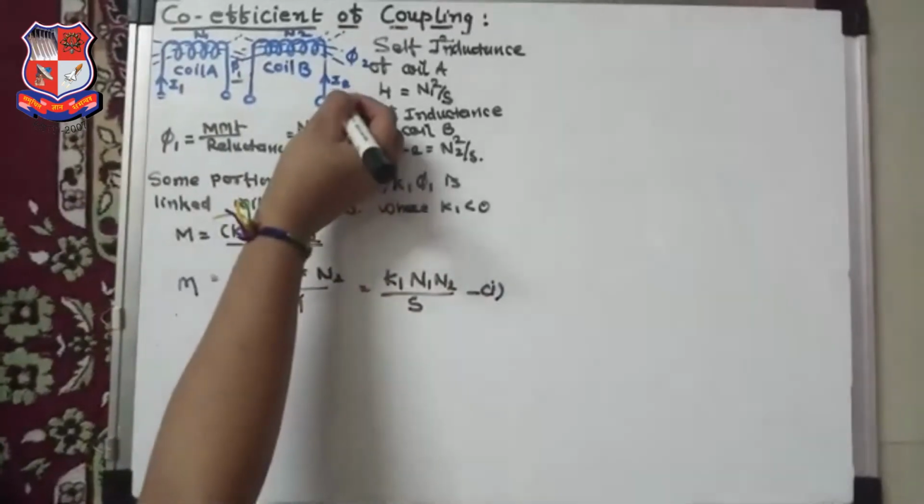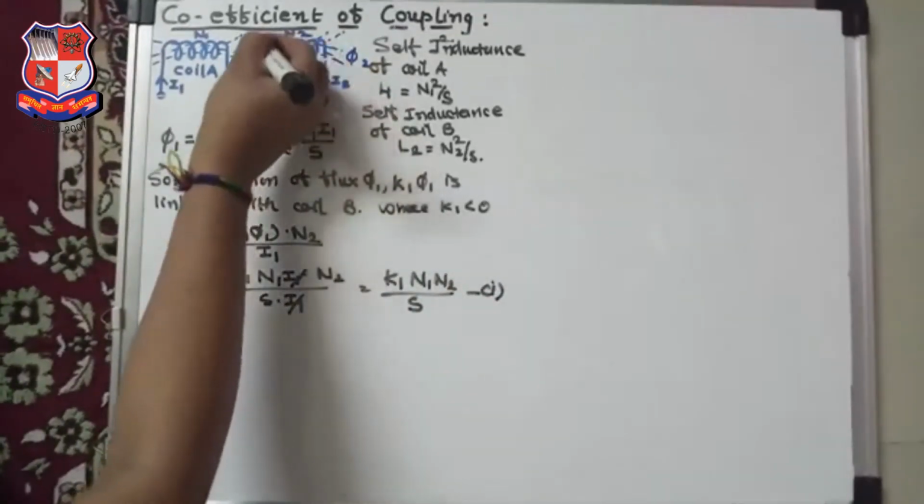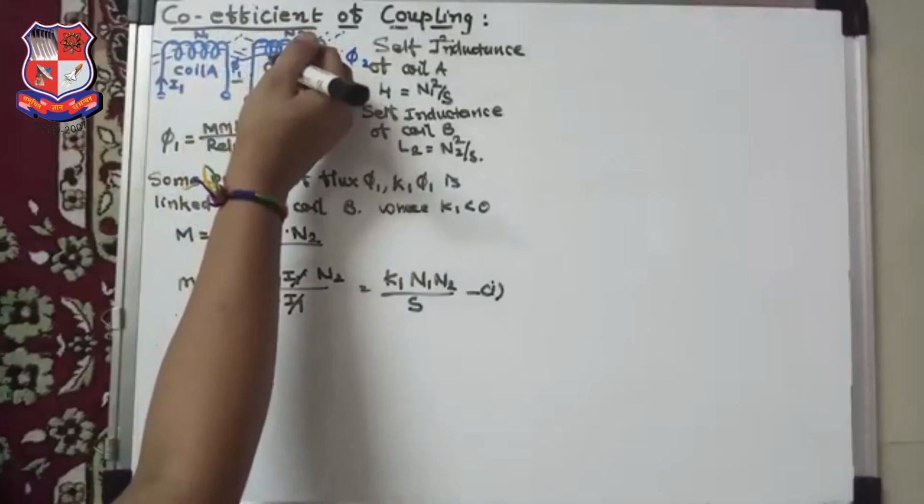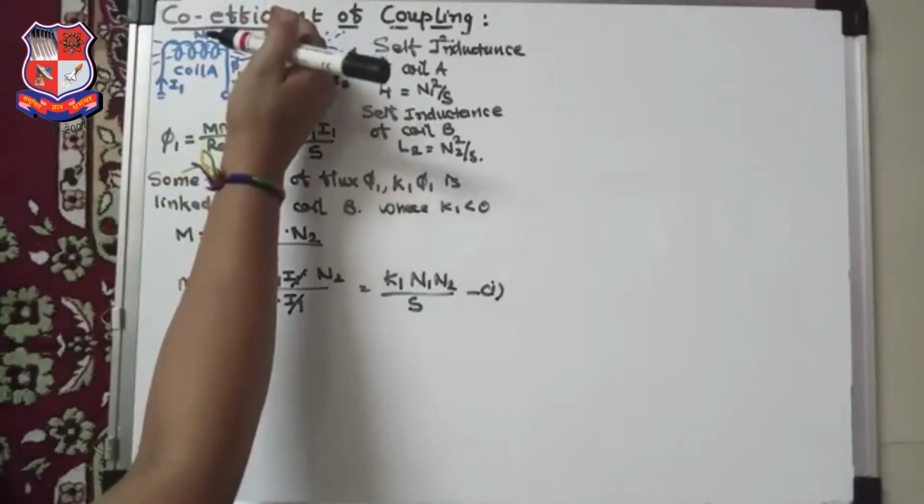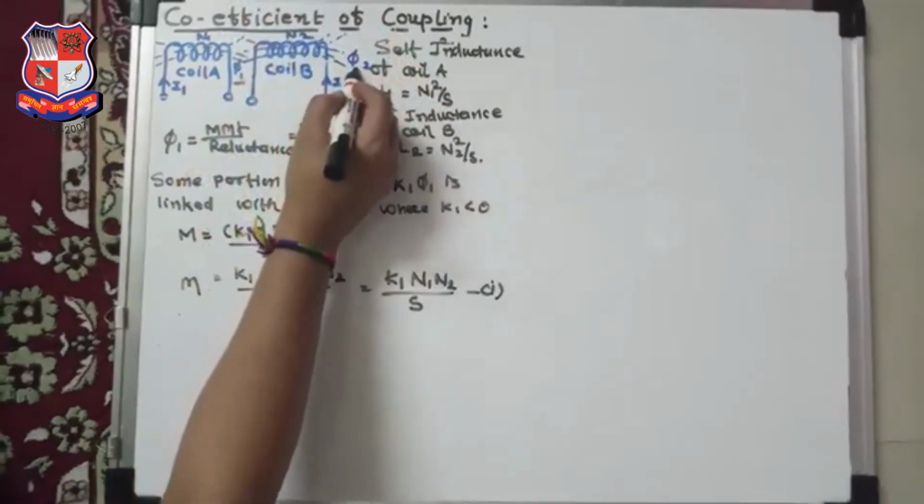Similarly, when a current I2 is flowing through coil B, a flux is produced by coil B, denoted by phi2.